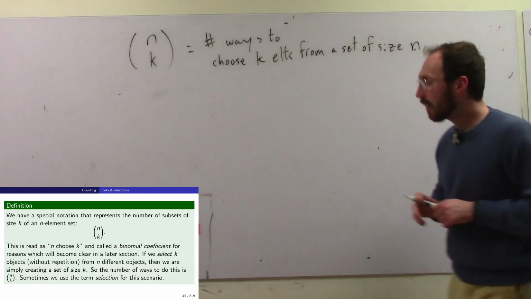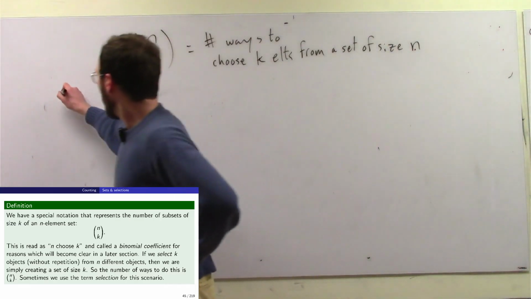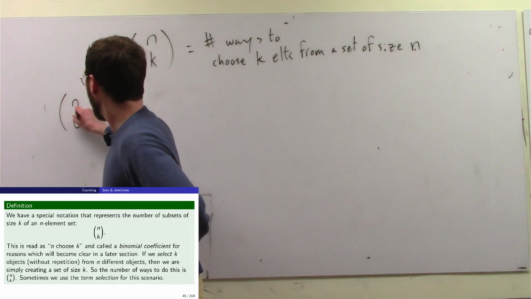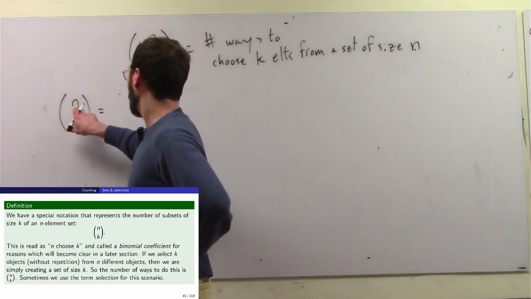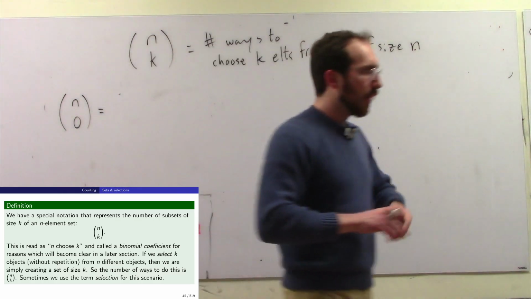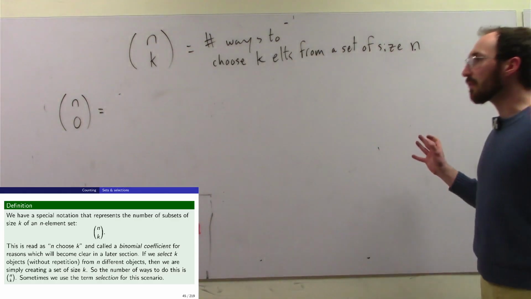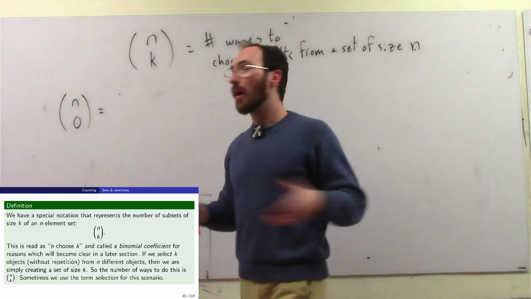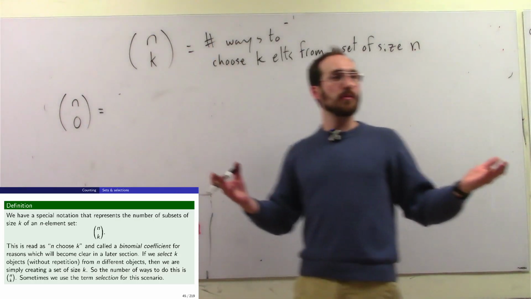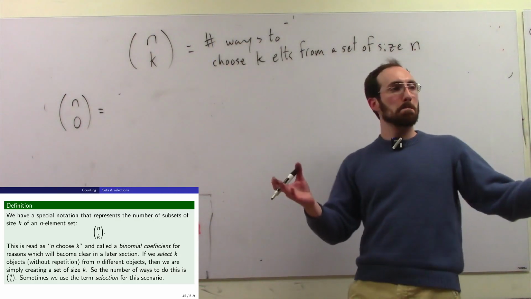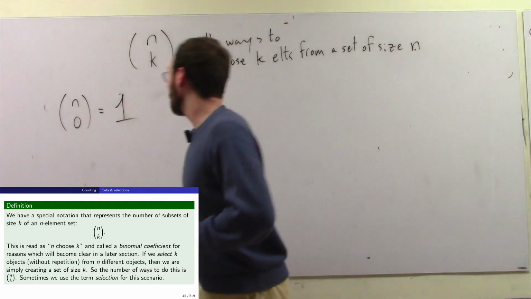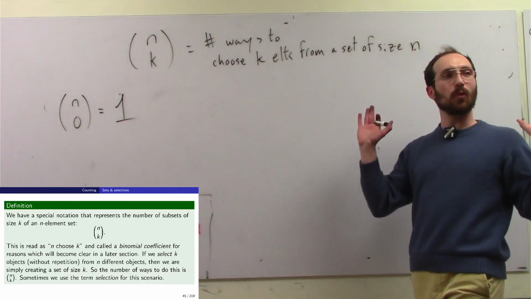So we have, say, n choose 0. I have this set of n things. I'm not going to pick any of them. How many ways are there to do that? 1. I just don't do anything. There's one way to do it.